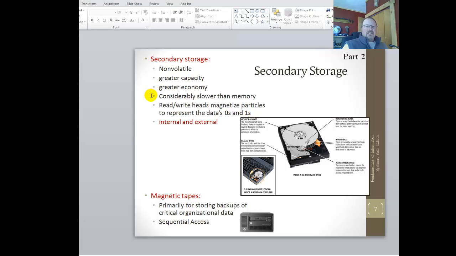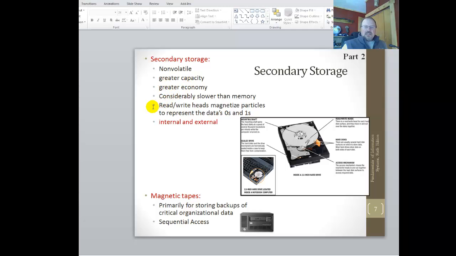The downside is it's considerably slower than memory, and that's why secondary storage holds the operating system and applications. When you turn your computer on, that information is then loaded into main memory or RAM, which runs way faster.